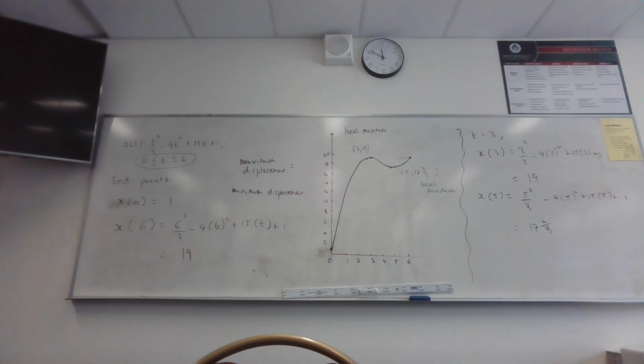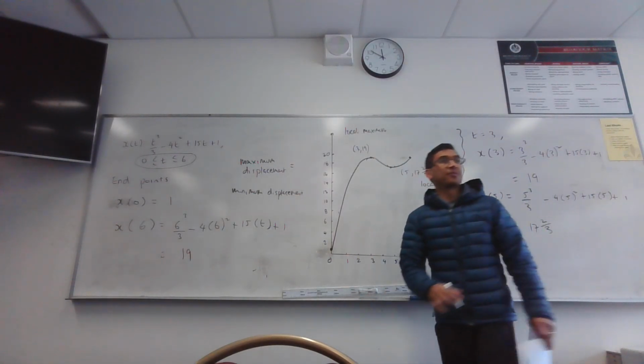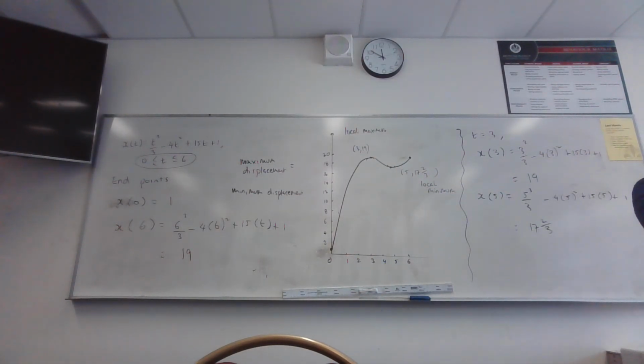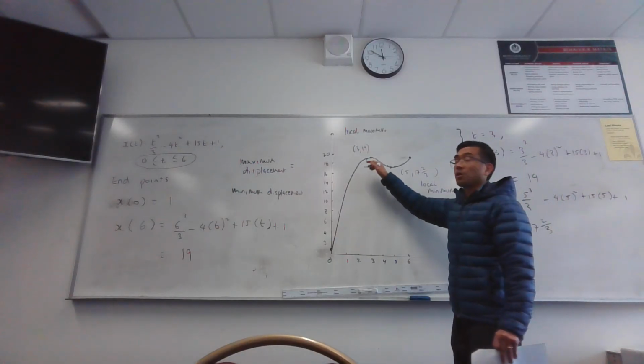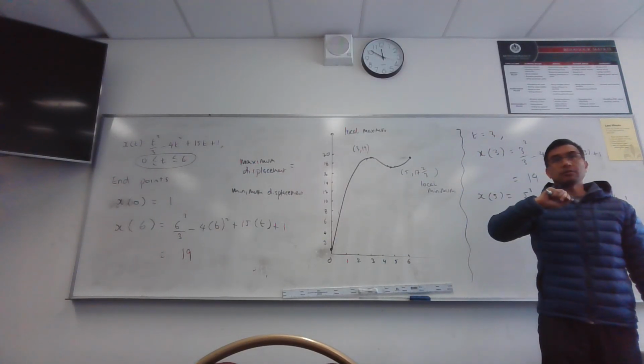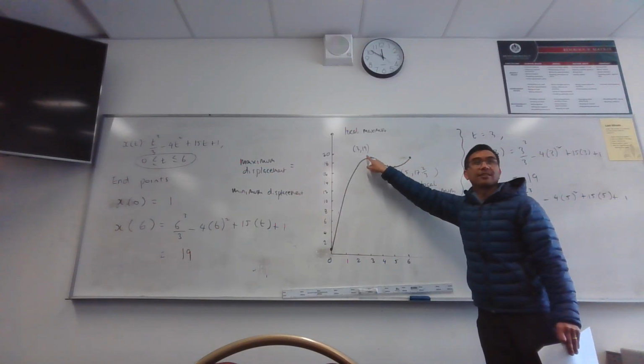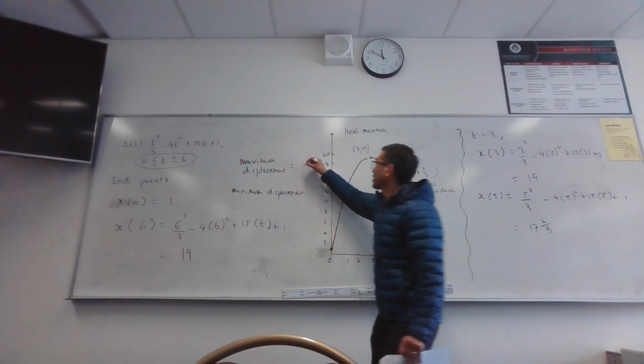Sorry, I'm not sure what you said. Okay, I see what you mean. That's a deeper question. I don't know how to explain it. But on the max, it's 19. Okay.